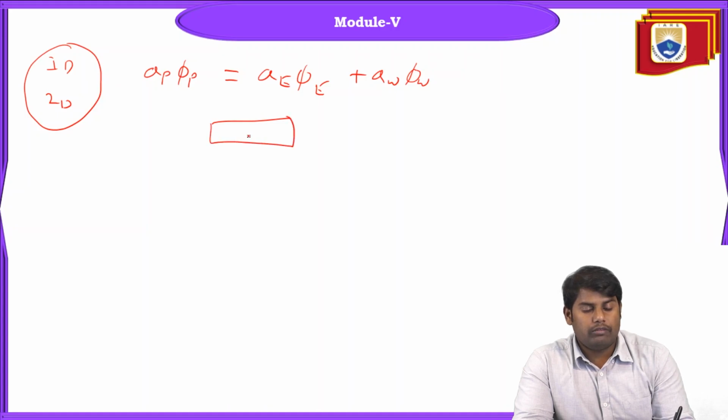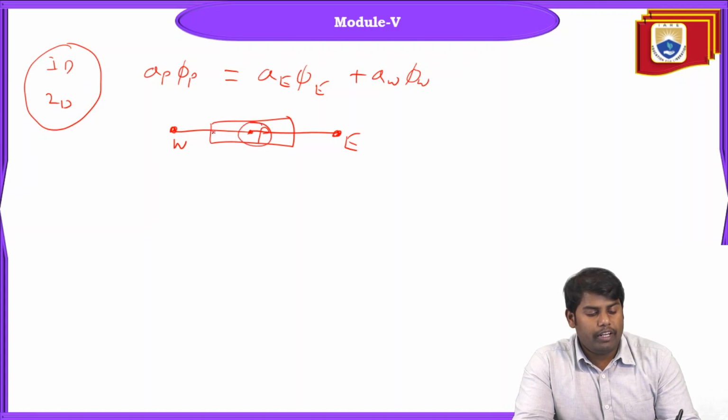We have this cell, and this is the point of interest P. Here we have the west node, here we have the east node. Whatever the dependency of point P we have on W, we are giving here, and on E we are giving here. So this is for 1D.